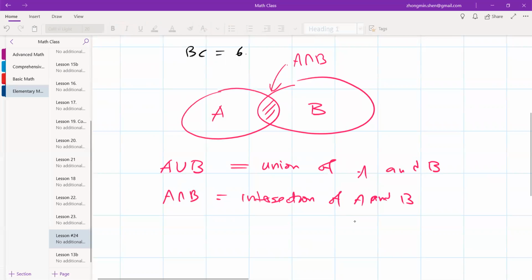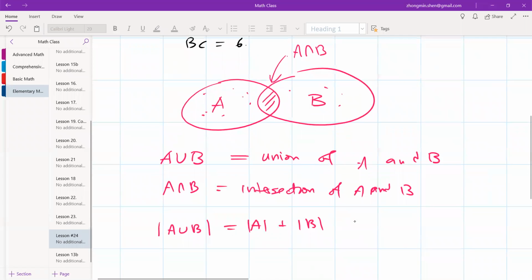So if you want to count how many points, elements are in the set, the elements in the union are going to be A plus B, add them together, but there's an overlap part. So you have to subtract the overlap part.